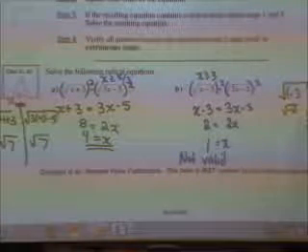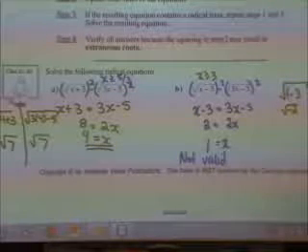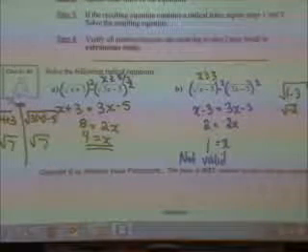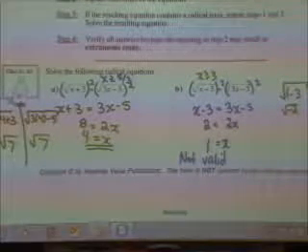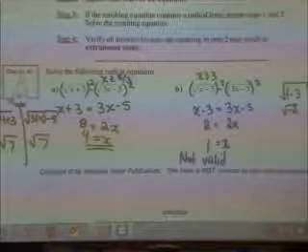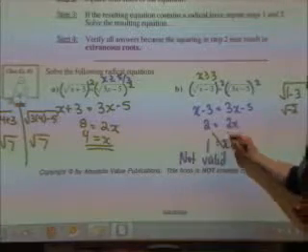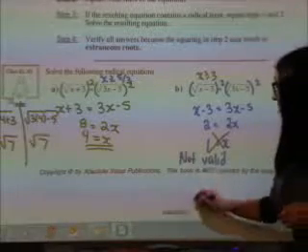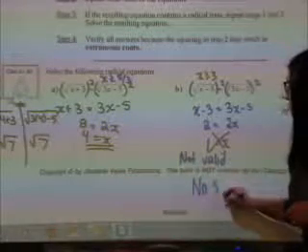The fact that the two sides equal each other has nothing to do with, oh, well, I verified it, it's okay. I can't square root a negative number. Because I can't square root a negative number, that solution's not valid. So we say that there is no solution.